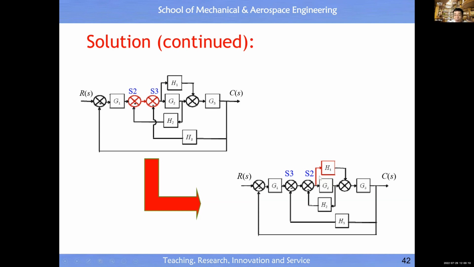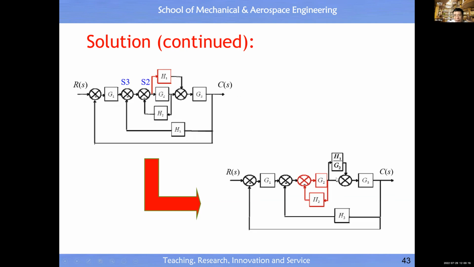So this way we shift this signal line downstream. Instead of picking up the signal from here, you pick up another version of the same signal. It's G2 times this one. Since this is G2 times this signal, when you divide by G2, you get the original signal. Then take it as an input. In this case, the output from this module will remain unchanged.